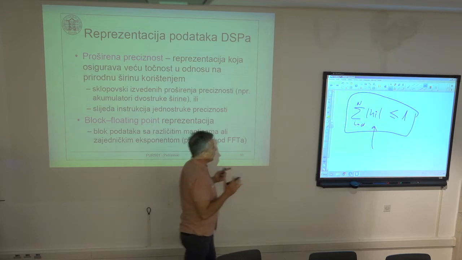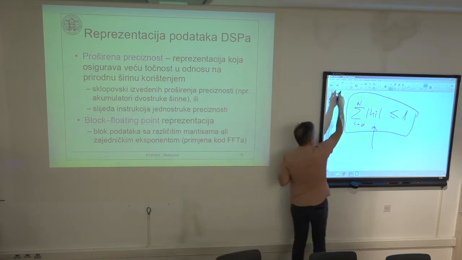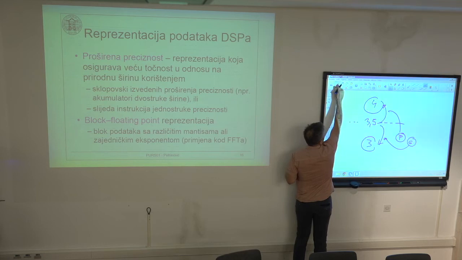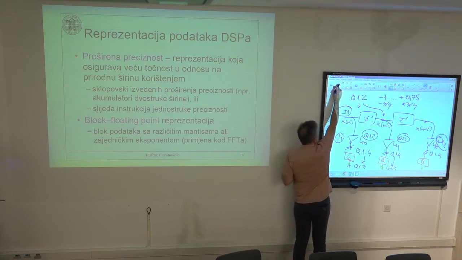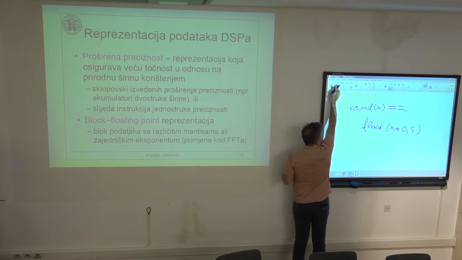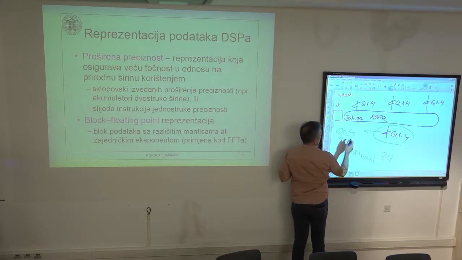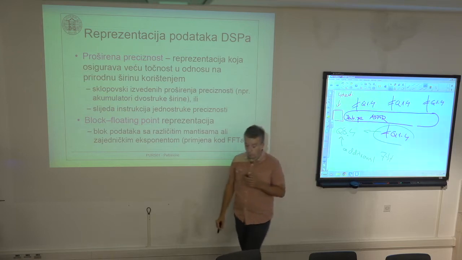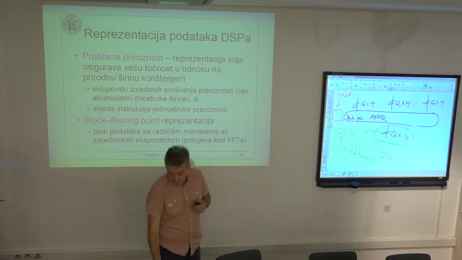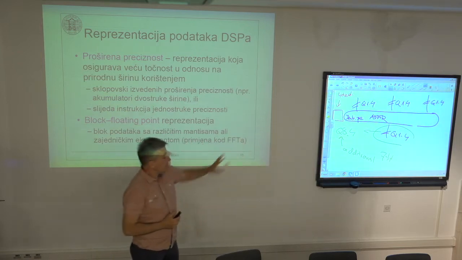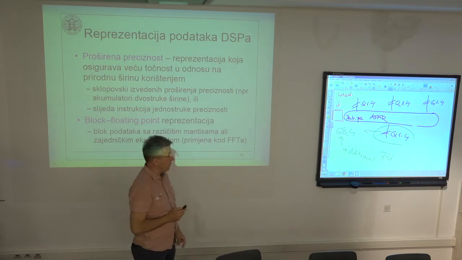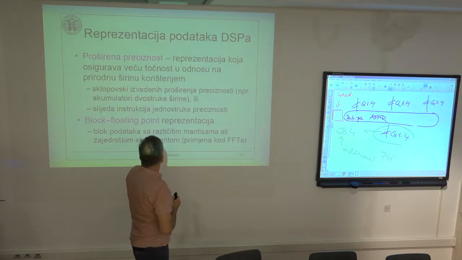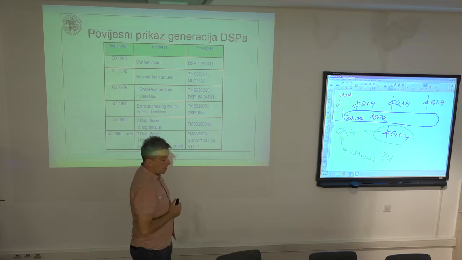And the only way to handle this overflow is this kind of extended precision, where I add additional bits on the left side of the accumulator to take care of the overflow. This extended precision is a typical part of the multiplier adder architecture that you can encounter in DSPs. Okay.